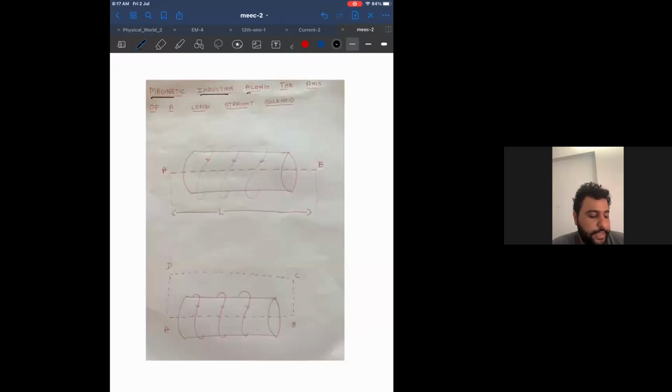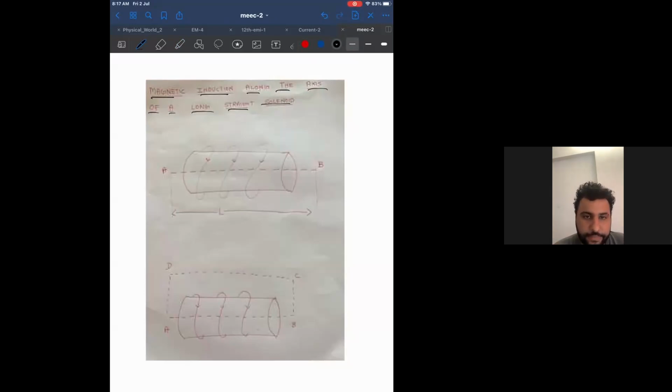For that, I take a solenoid and an axis AB of length L, and the solenoid has n number of turns. So what I have to find is magnetic induction along AB.